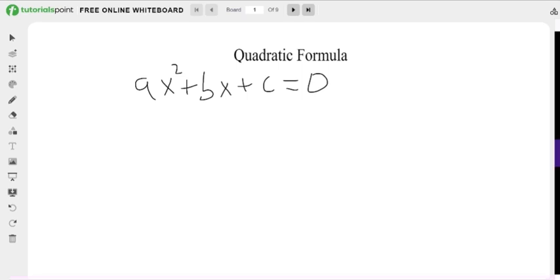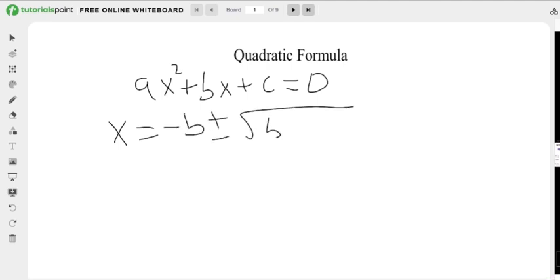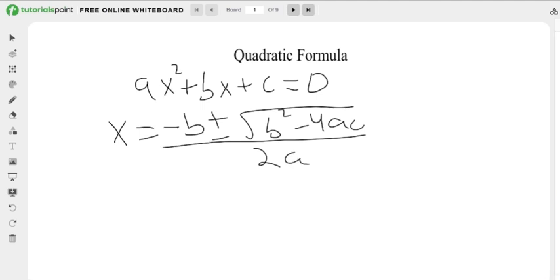The quadratic formula is x is equal to negative b plus or minus the square root of b squared minus 4ac, all over 2a. This formula helps us to find the x values that will make this whole equation 0.